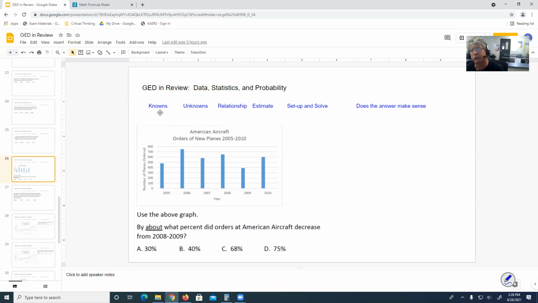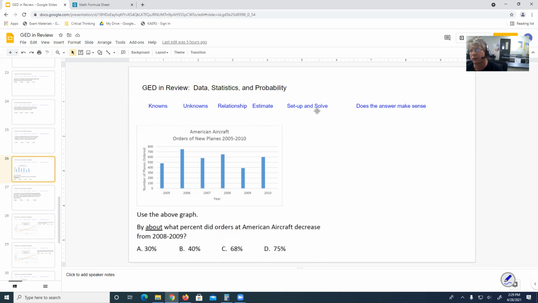So again, we still have to focus on what we know, what we're looking for, the unknowns. We're trying to figure out that relationship. A lot of times we're looking for some type of formula or some type of clue in the problem that gives us that relationship. An estimate can be used to help us narrow down some of the answers.